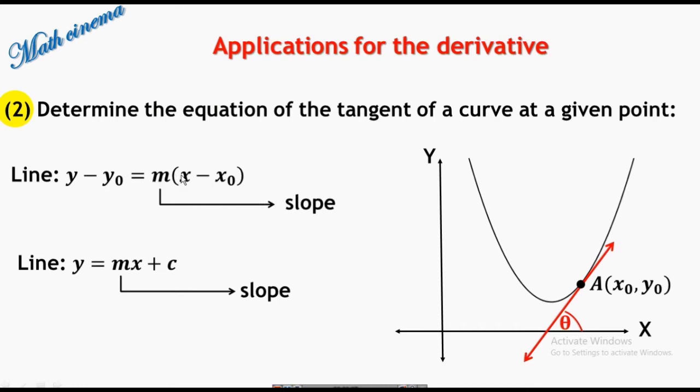If you divide by x minus x node, you have y minus y node over x minus x node equals m. So m equals tan theta, delta y over delta x, which is opposite over adjacent. The second form is y equals mx plus c, where m is the slope and c is the y-intercept.